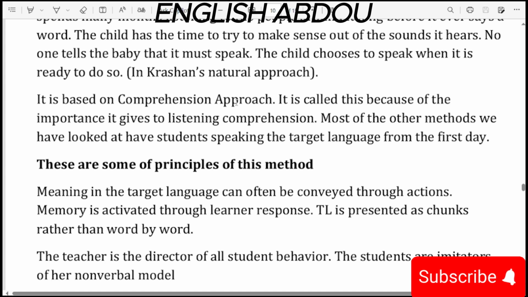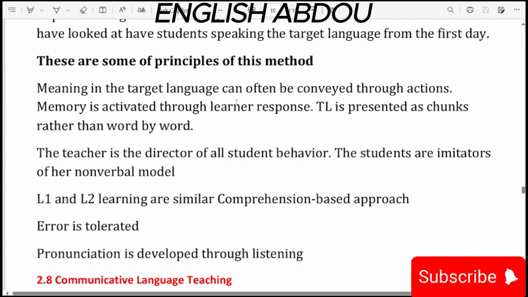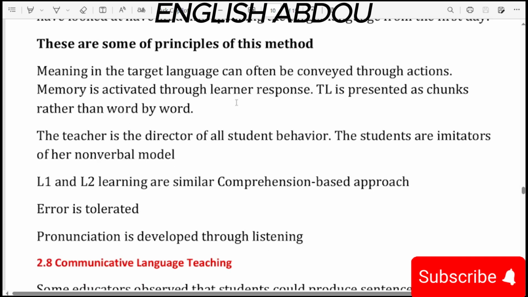After a time he will say stand up, sit down, and students will act out what their teacher said. Meaning in the target language can often be conveyed through actions. So when they understand something, the student can translate the meaning in terms of actions. Memory is activated through learner response.